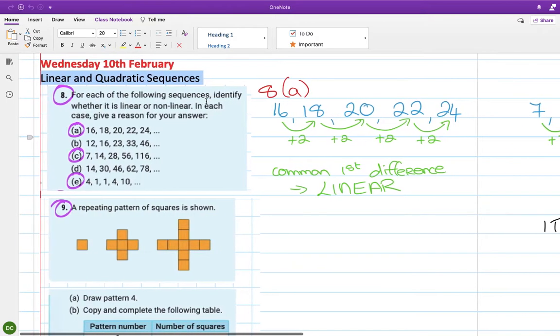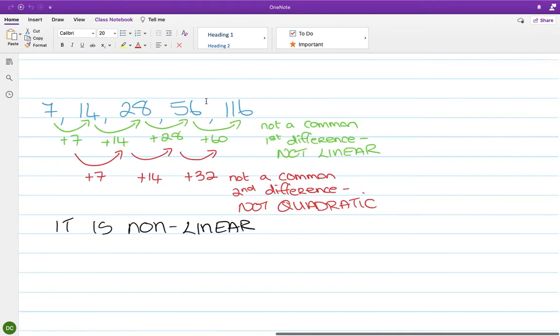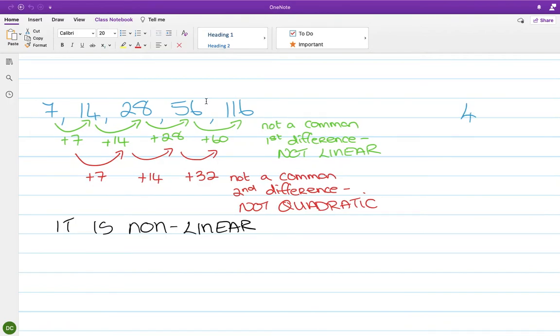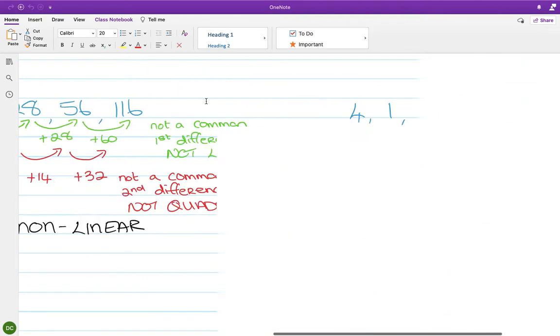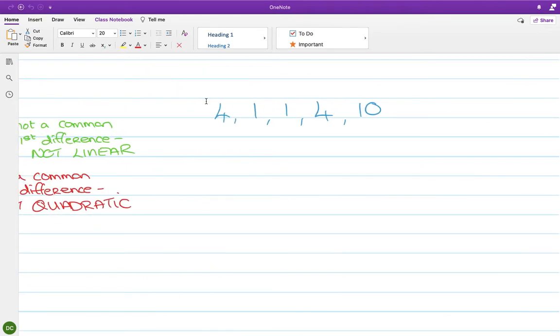Okay, last one, 4, 1, 1, 4, 10. Let me get that right. 4, 1, 1, 4, 10. So let's look for linear. 4 to 1 is down 3. 1 to 1 is nothing, plus nothing. 1 to 4 is plus 3.